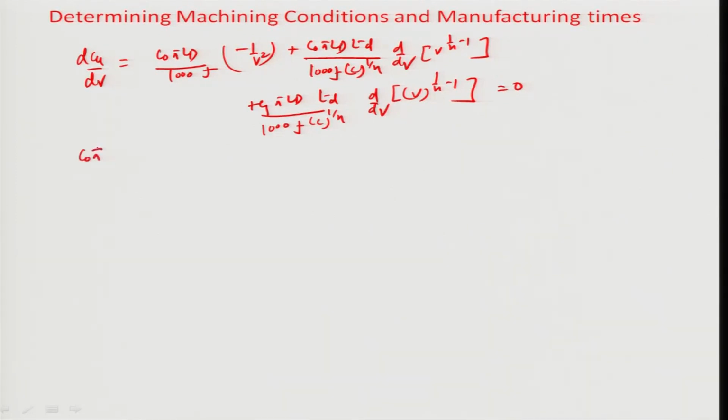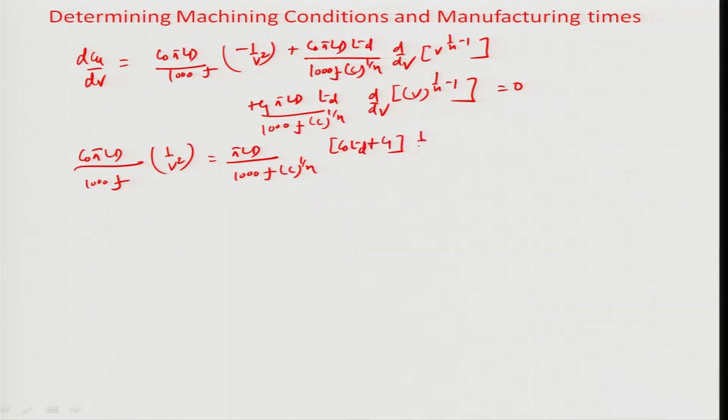So, C0 pi L d divided by 1000 f times 1 by V square equals pi L d by 1000 f C to the power of 1 by n times C0 Td plus C1 times 1 by n minus 1 V to the power of 1 by n minus 2.